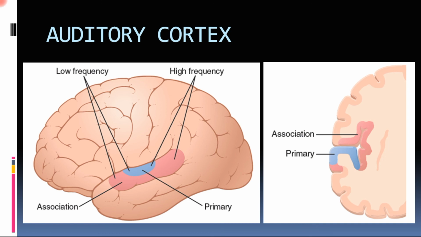So if you look at the auditory cortex, the low frequency sounds which arise from one area of the cochlea are carried separately, and they are supplied to this low frequency area of the cortex, whereas the intermediate frequency will be supplied here, and the high frequency sounds which arise from a particular area of the cochlea are carried separately, and then they are supplied to the high frequency area of the cortex.